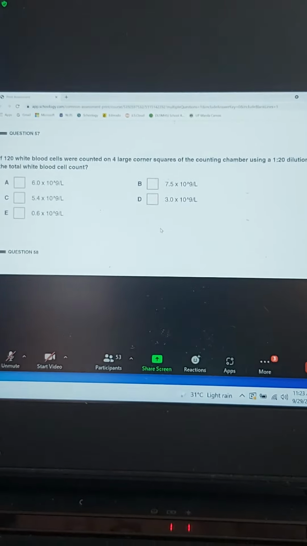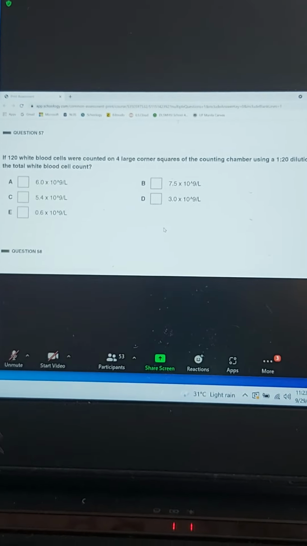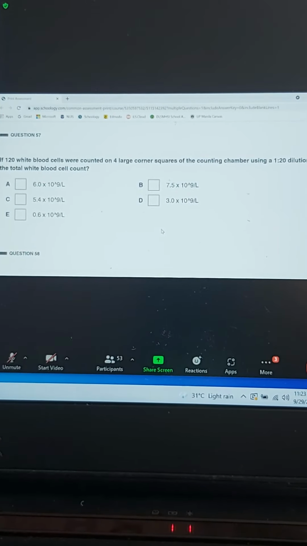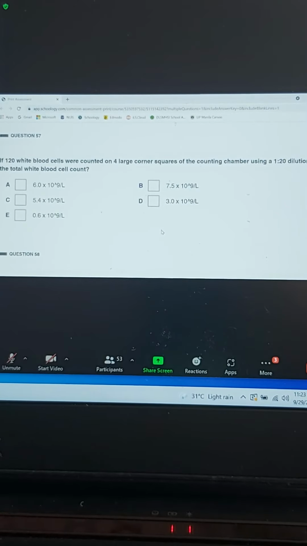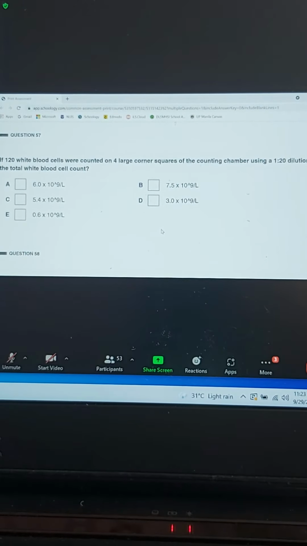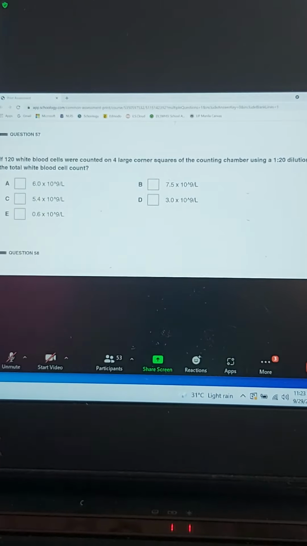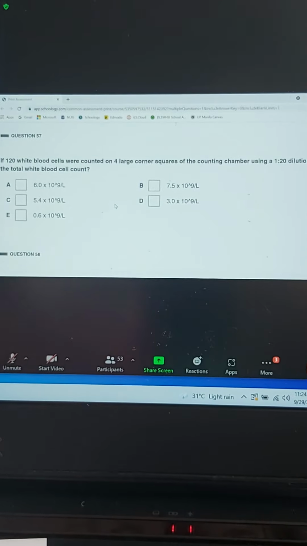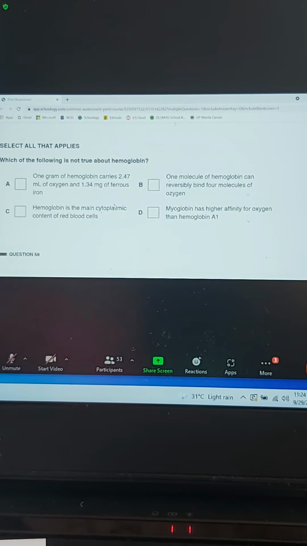So 120 times 20 times 10 divided by 4. So that's 6,000 or 6.0 times 10 to the 9. So letter A. Which of the following is not true about hemoglobin?